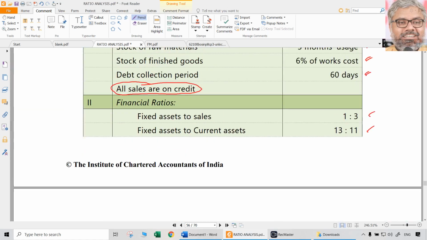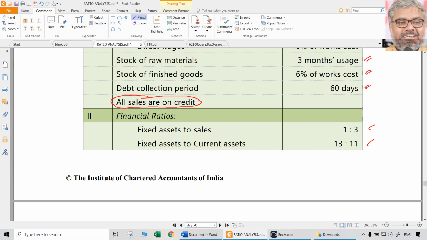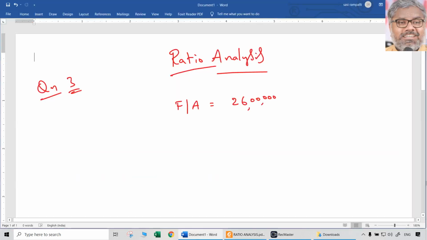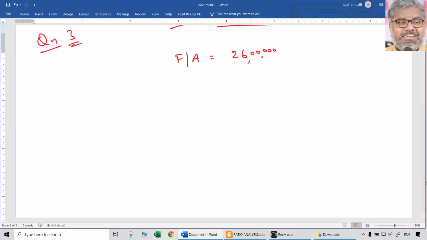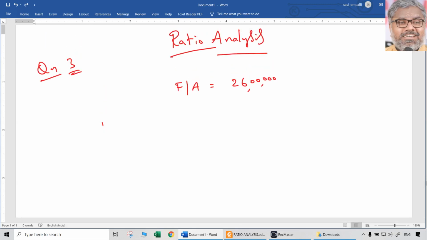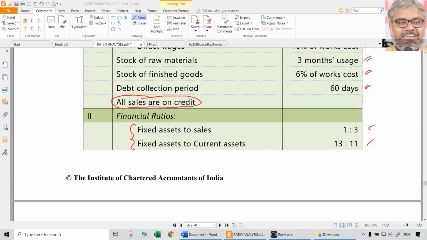We can start with these two, because the ratios are given for fixed assets with something else. Numbering and all you can do according to convenience in the examination. Whatever number of working notes you want to calculate, you can calculate. So let us say working note 1.